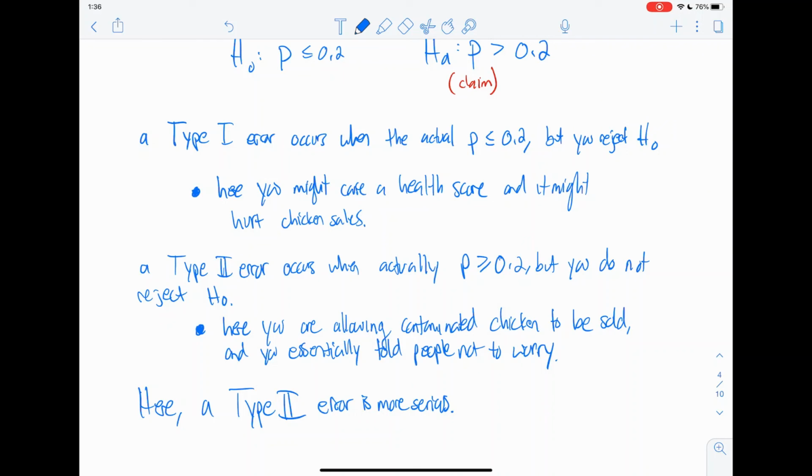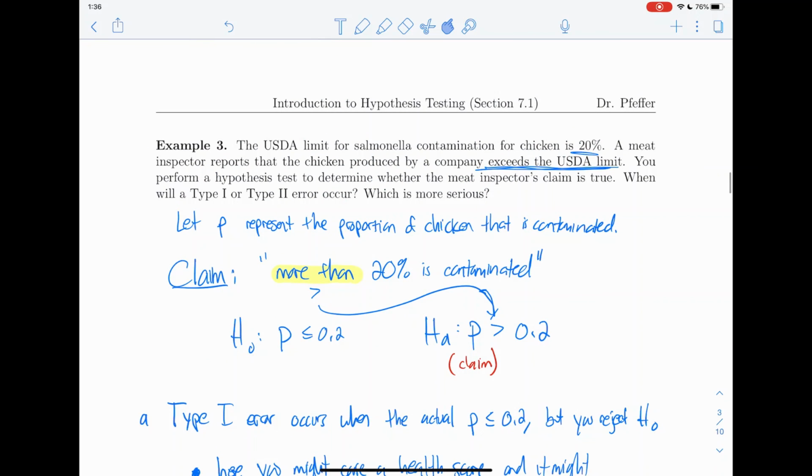As a company, you have to be a little concerned about type 1 or type 2 errors. So when this health inspector makes this bold claim, and then the company wants to turn around and refute this claim, they're going to go to their statistician and say, look, can you run some sort of statistical analysis to determine the validity of this inspector's claim?